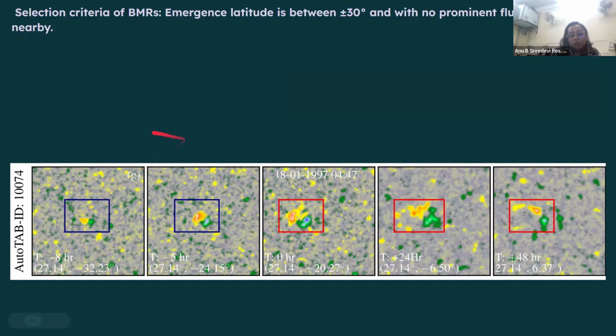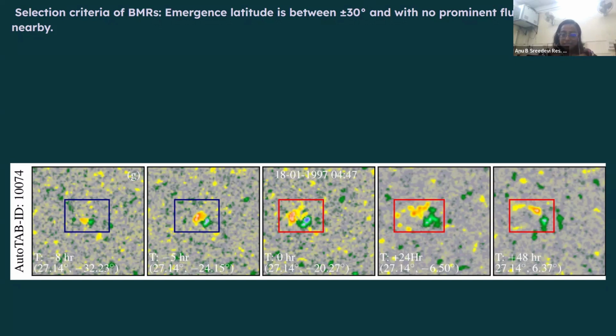So I selected 12 BMRs from the rising phase of 1996 and 1997, and the only selection criterion was that the emergence latitude should be between plus minus 30 degrees. I selected BMRs from different flux ranges, and another condition was that there should be no prominent flux emergence nearby, because if there is, then the newly emerging BMR will definitely be influenced by it.